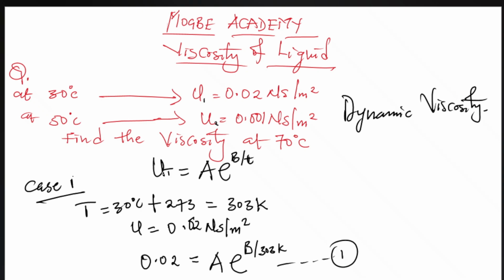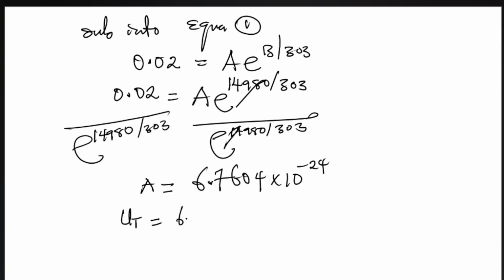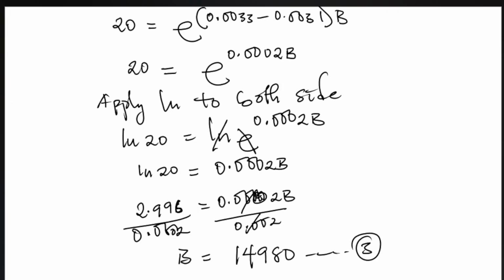Are we together? Now, what is now your a? We already have the value for a to be 6.7604 times 10 raised to the power of minus 24, right? Exponential raised to the power of, what is now your b? We calculated b to be 14980.